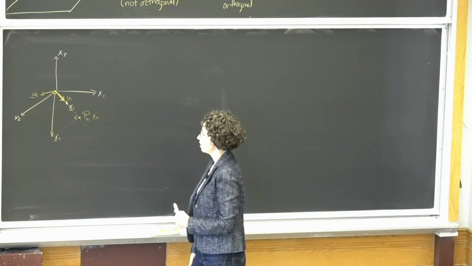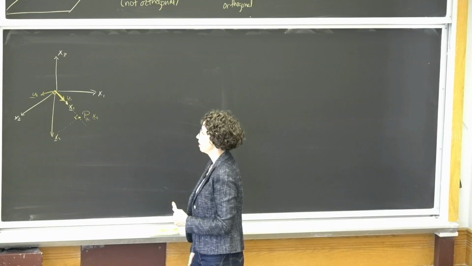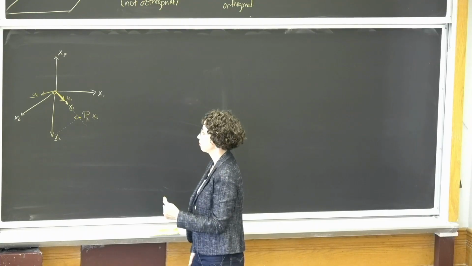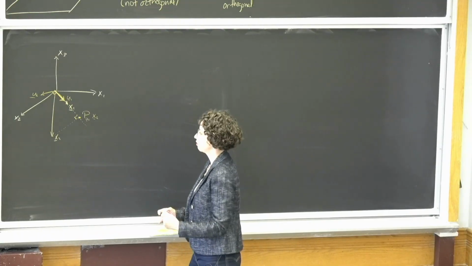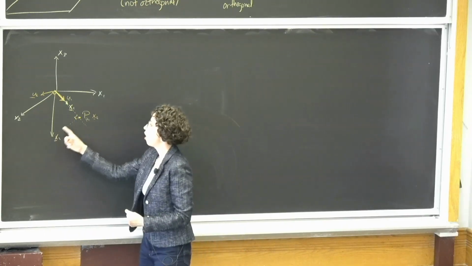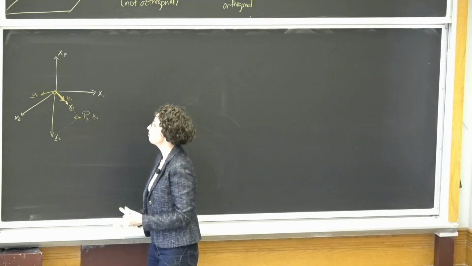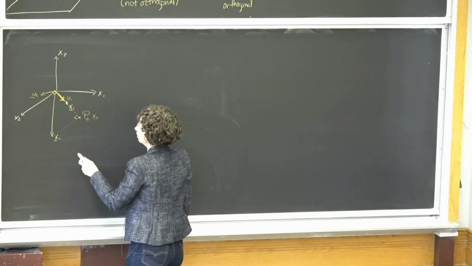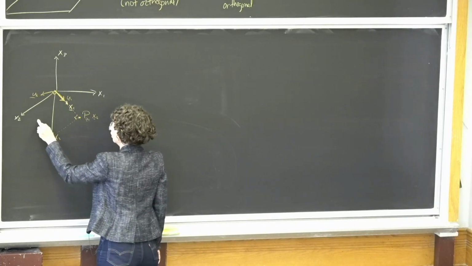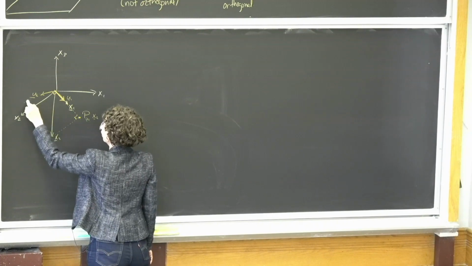So what we're saying with this is that we can represent x2 using two pieces of information. First, how long it is in this U1 direction, and then everything else, which is going to tell us how long it is in the U2 direction.